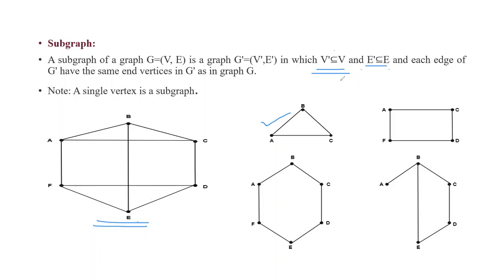Same with this one, this is also a subset of this graph, so this is a subgraph of this graph G. This one is also a subgraph of G, and this next diagram is also a subgraph of G. The vertices in a subgraph are a subset of the vertices of the graph, and the edges in a subgraph, E dash, are a subset of E, the edges in the graph.